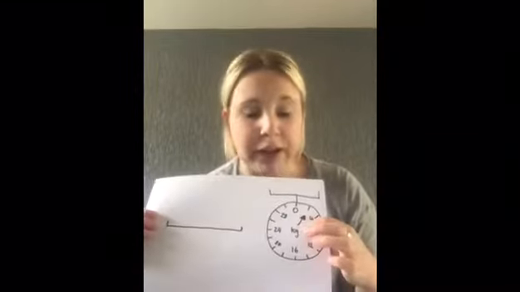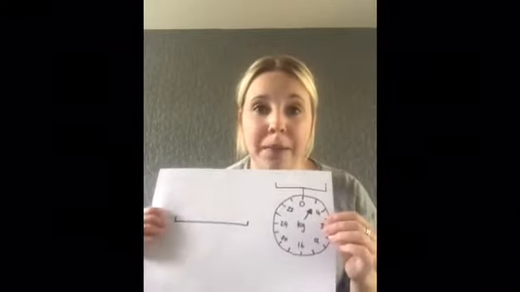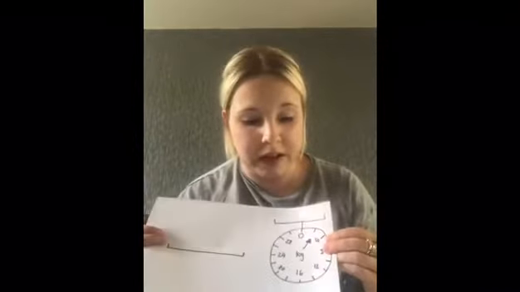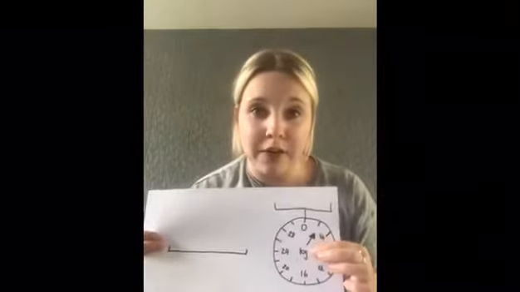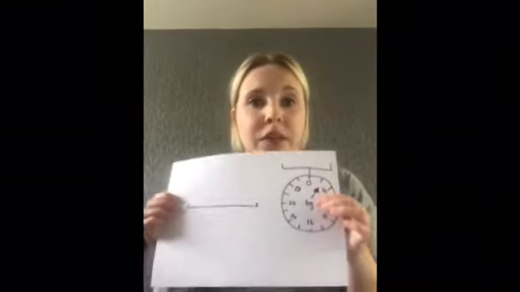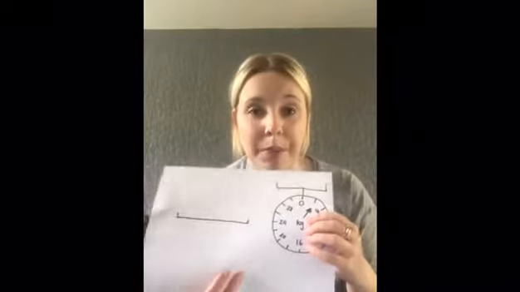And it will tell you either in grams or kilograms, which is usually what we weigh mass in. So you can see from my set of scales here that my scales are in kilograms. Now kilograms are bigger than grams, and there are 1,000 grams in 1 kilogram, so they're quite a bit bigger.